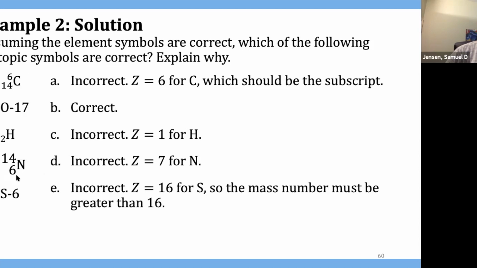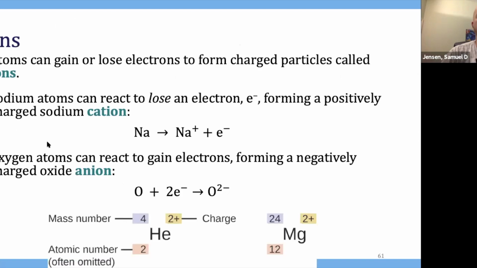Nitrogen doesn't have 6 protons. Sulfur has to have more than 6 protons. This one is just being able to identify whether it's right or wrong. But for the most part, the previous slide is more what I'm looking for: can you pick apart the various parts? Now, eventually we will talk about ions.